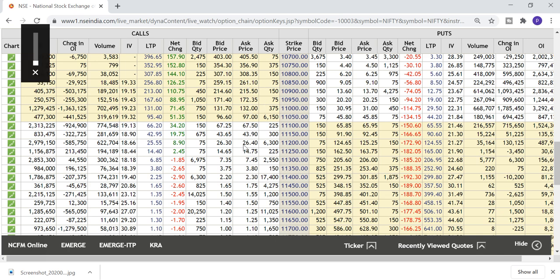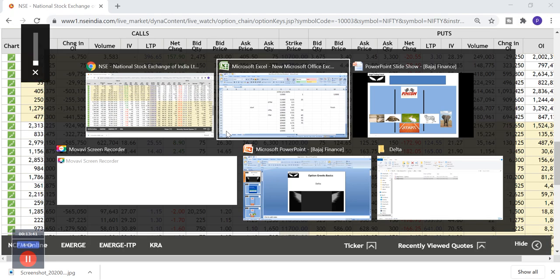How do you decide which to buy? Ultimately, you know that the market will move in a particular direction. This is what you're guessing. But which strike to buy, which strike not to buy, all those things you have to decide by two things. One is by the theta, another is by the delta. These are the major things. Then apart from that, there are many more things, but you don't have to break your head much on that. If you know these two things, then it is very, very sufficient for you to have a good option trade.